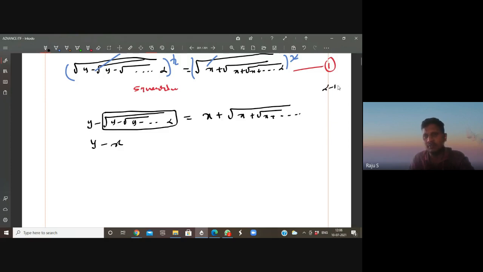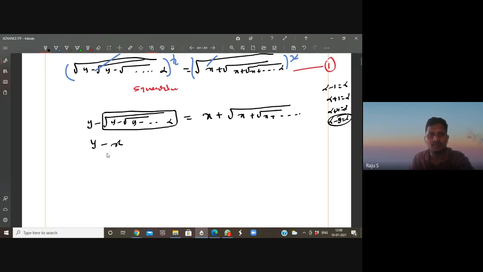Infinity minus 1, infinity plus 1 is infinity, and infinity plus y is infinity. Y is any value, it may be positive or negative, so infinity minus y is also infinity. It is an infinite series.